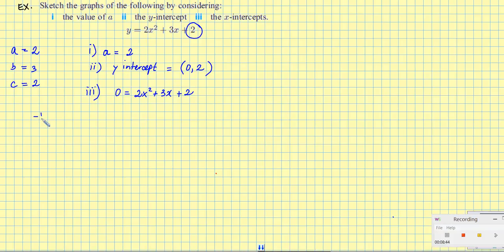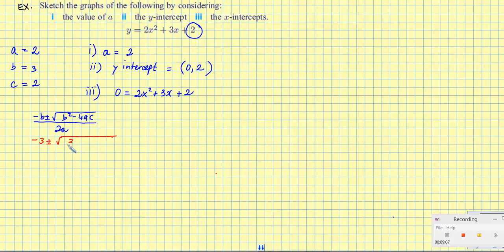So I'll do negative b plus or minus the square root of b squared minus 4ac, all divided by 2a. My value of b is 3, so it's negative 3 plus or minus the square root of 3 squared. Let me just get this correct.